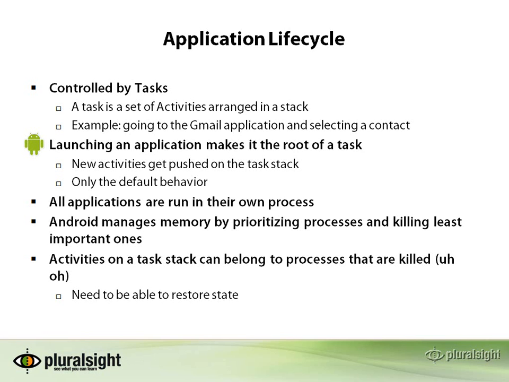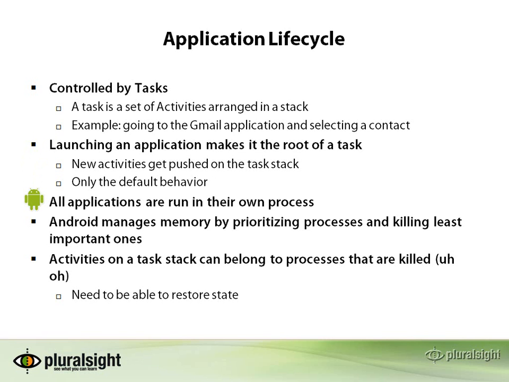Each one of those activities is on that stack that is rooted to the root task, basically. And that's the default behavior. This can be changed, of course. You can make it so that it interacts in different ways, but it's really important that we understand this basic behavior because it's going to drive most of our application development and understanding of why things happen this way. What is the flow of the application?